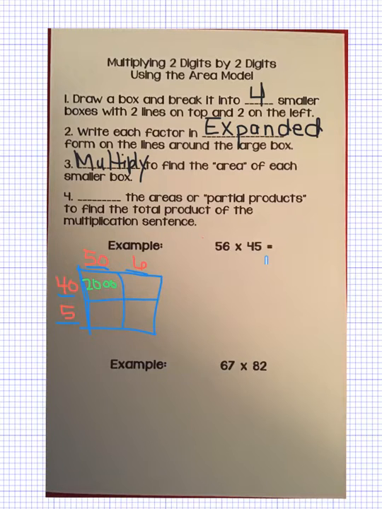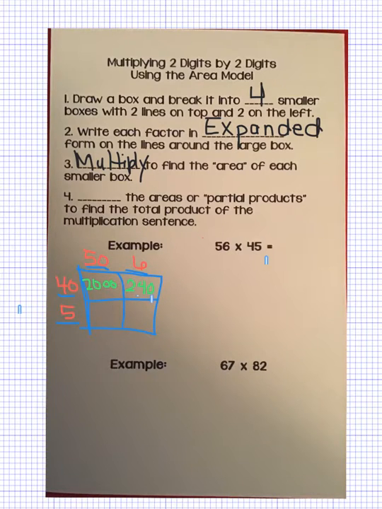This box here, I'm going to take 40 times 6. I'm going to take the 4 and the 6 and multiply those together, which gives me 24. And there's only 1 zero right here, so I'm only putting 1 zero on the end.